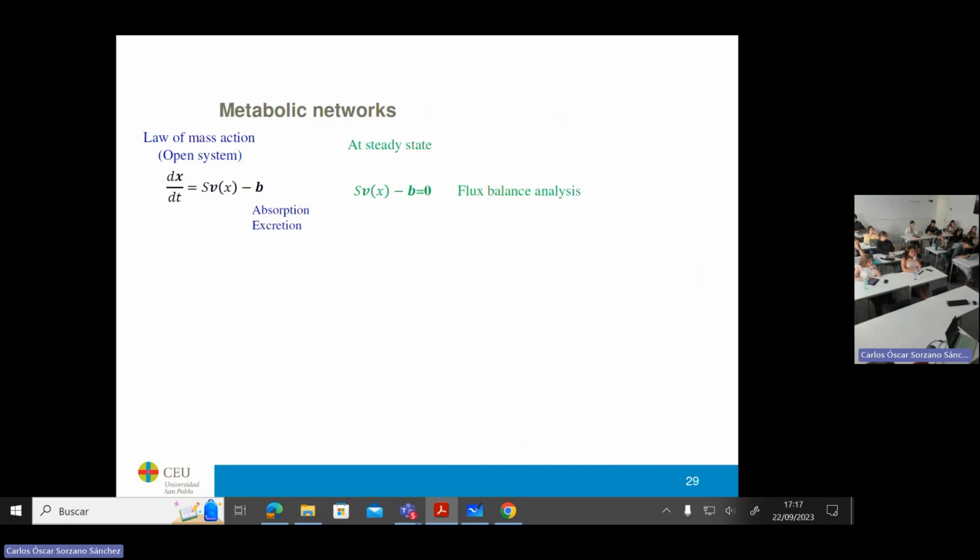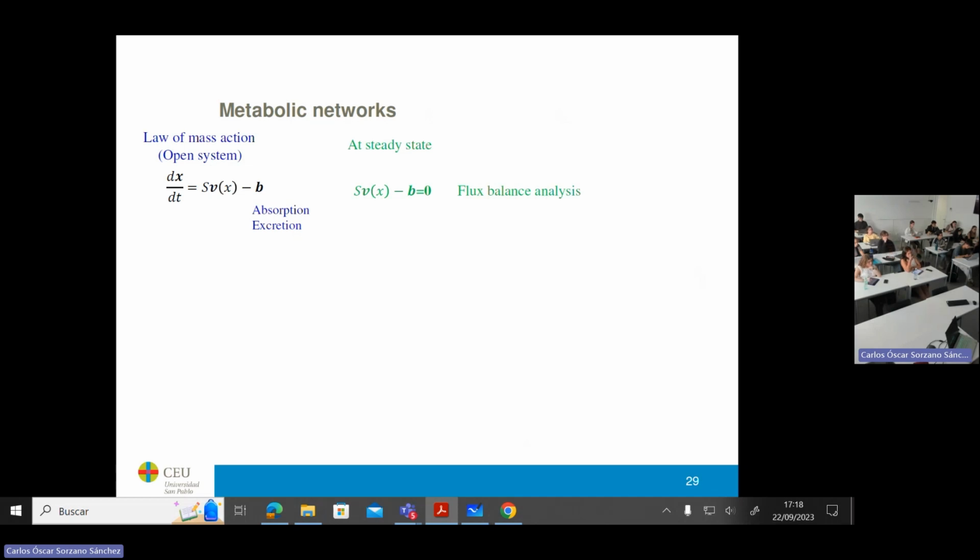Open systems are the same equation as before, but now you have an extra term, and this extra term is a vector of this same size, and this minus is simply for convenience. It is an arbitrary design, more convenient like that, and you'll see why.